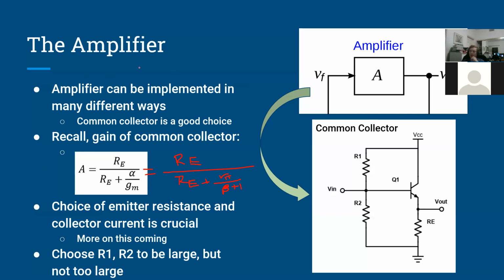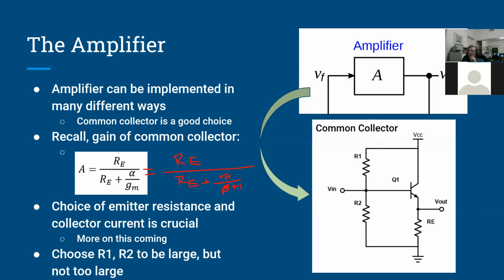So anyway, there are many ways to implement this amplifier. The common collector is just one particular way, and in my opinion, it happens to be the easier way, and it works well. In terms of how to bias this amplifier and which resistor values to choose, there are some rules of thumb.